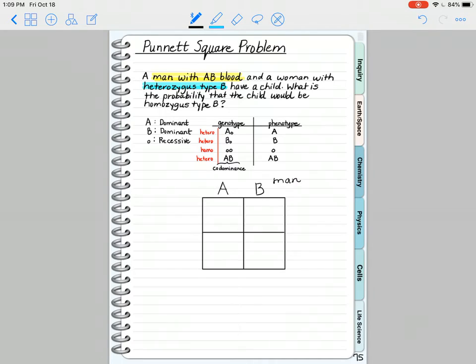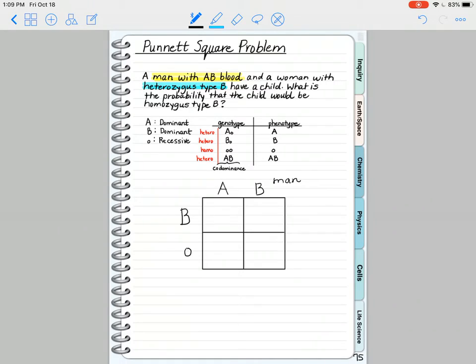They tell us that he is AB. The woman is heterozygous B. So we know she has B, and we know that this can't be another B because she would not be heterozygous. If we made this another A, that would be codominant. So I'm inferring that she has the dominant B and the little O. Okay? I'm going to see B blood with her, but she's carrying that O also.